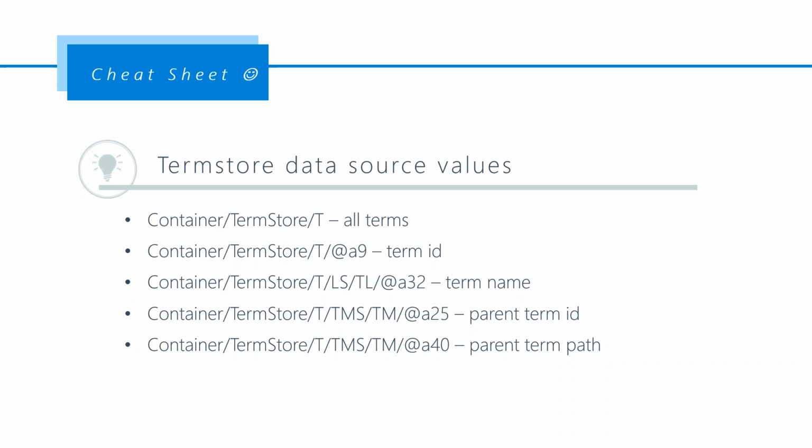I learned that the T node will return all terms for you, and A9 is the term ID, A32 is the term name or the display name, A25 is the parent term ID, A40 is the parent term path.